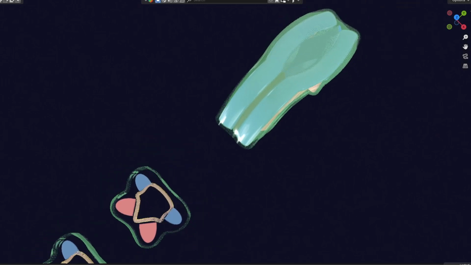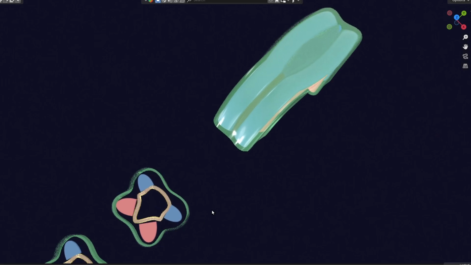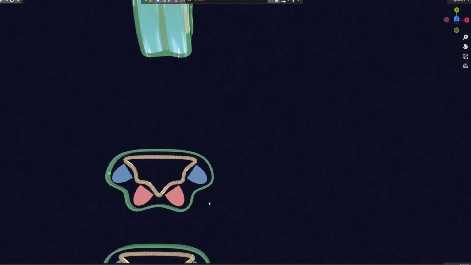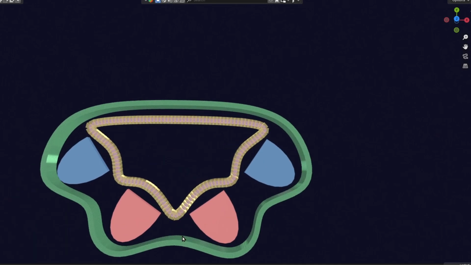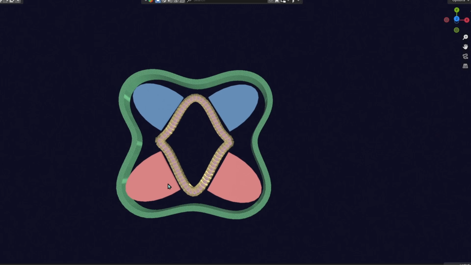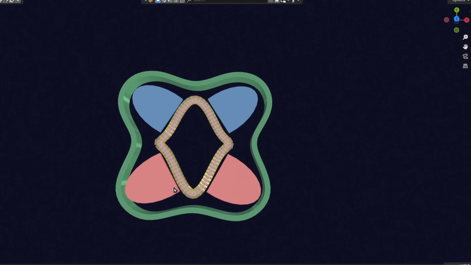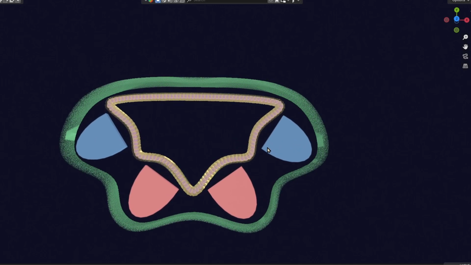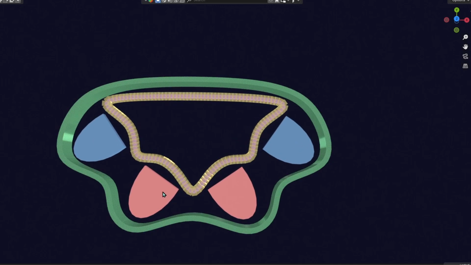Just focus on the roof plate mainly and the alar plate. There is not much change in the basal plate, but as the roof plate widens up, the alar plate moves ventrolaterally. So now the basal plate is lying medially and the alar plate is lying laterally.